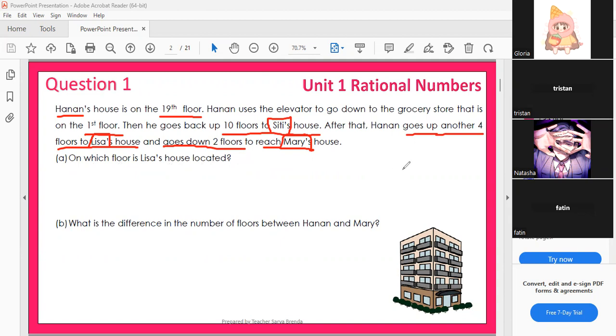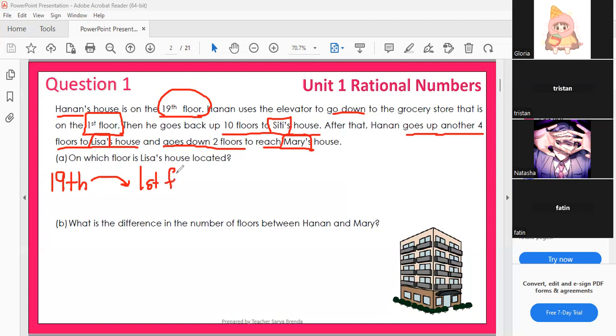Now Tristan has given me an answer. So let's see. Remember, you have to start at 19. And then what do you do when you go down? You go all the way down to the first floor.